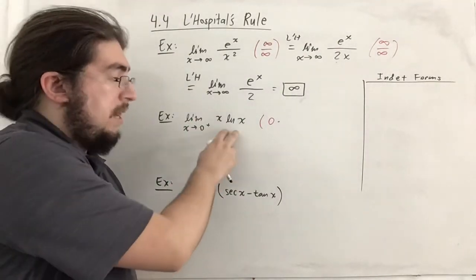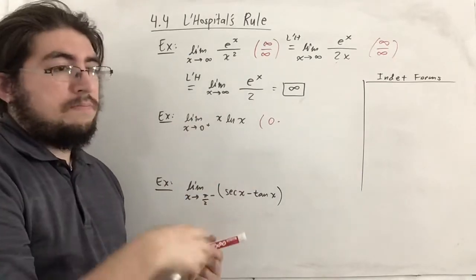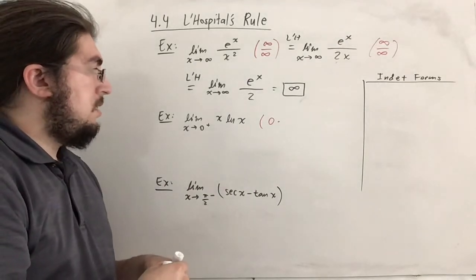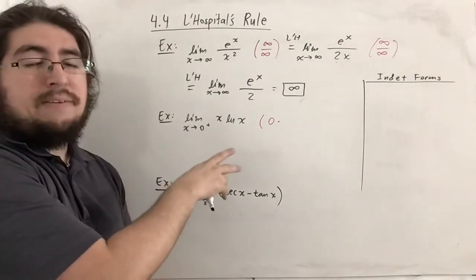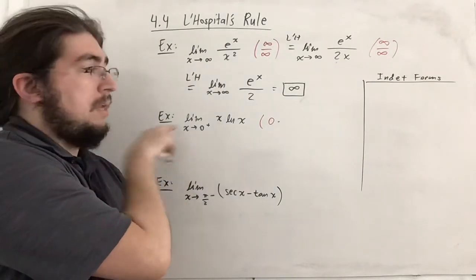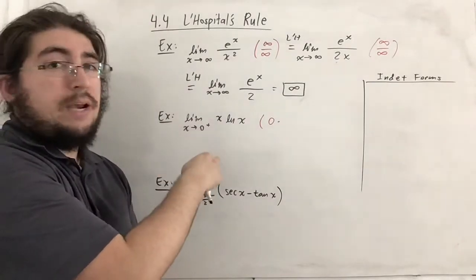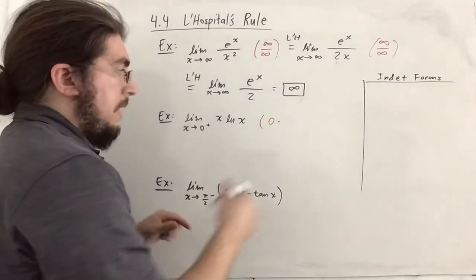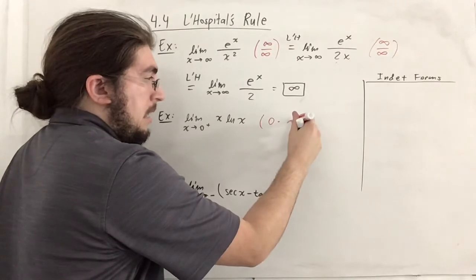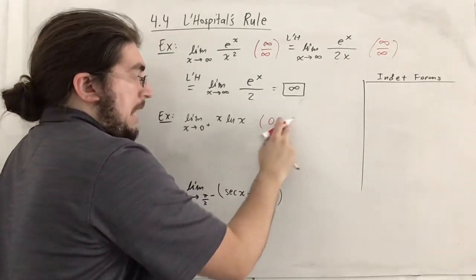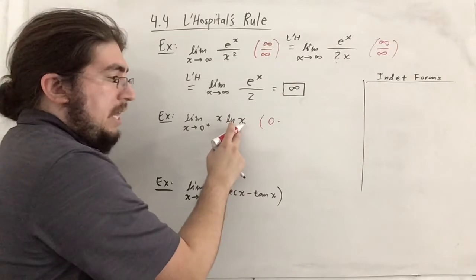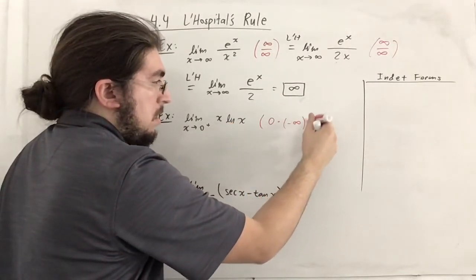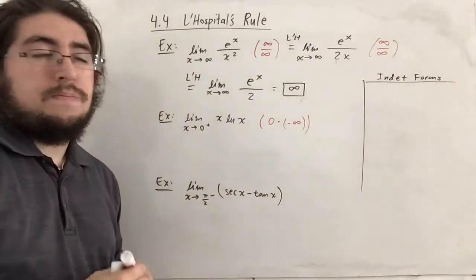So the domain of ln is from 0 to infinity, with parentheses, so excluding 0 and infinity, obviously. So you can't even attain negative numbers, so it wouldn't make any sense for the limit to be from the left. So we have to emphasize that it must be from the right, or else we can't even evaluate ln at those numbers. So it's kind of technical why that plus is needed. And as x approaches 0 from the right, ln will actually get closer to negative infinity. So this is a 0 times infinity form.